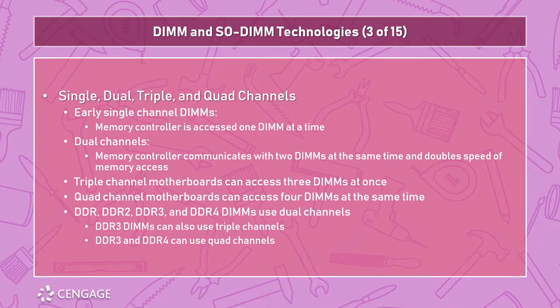So in order to clear the entire bank of memory, it would take 4 cycles for a single channel and 2 cycles for a dual channel. Triple channel boards can access 3 DIMMs at once, but in a 4-slot system we could only have 3 DIMMs active, so we had to leave 1 port empty. Quad channel is where we can access all 4 DIMMs at once. And different levels of DDR imply different levels of memory channel support.